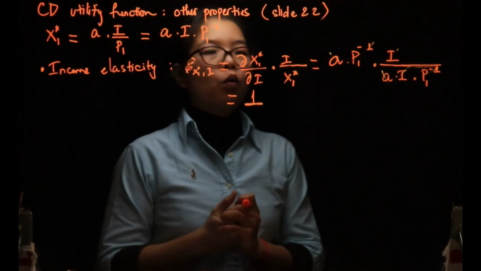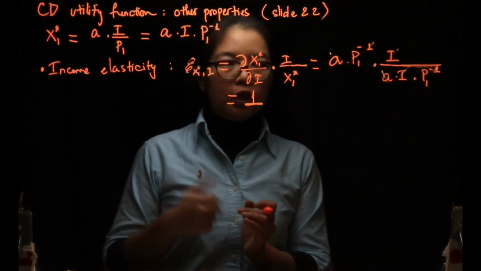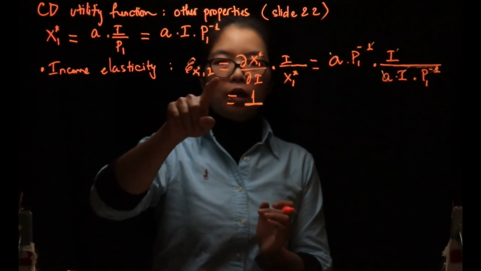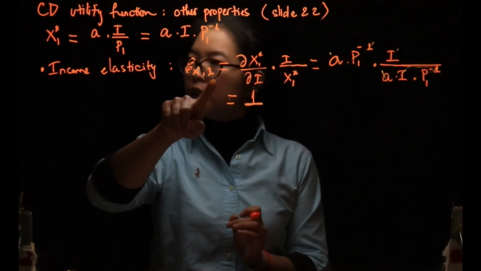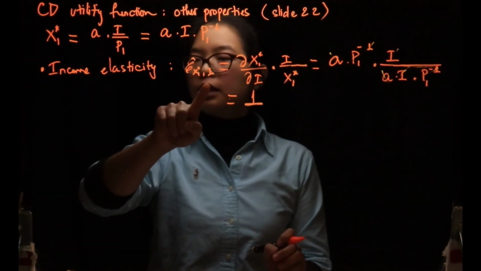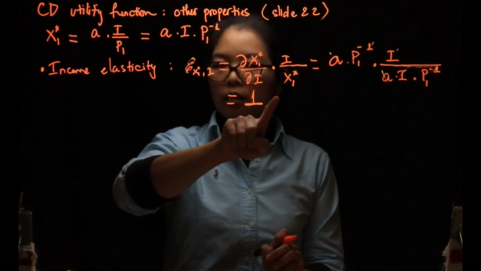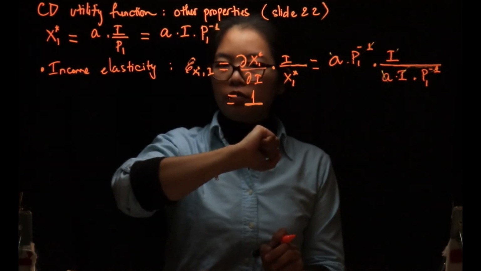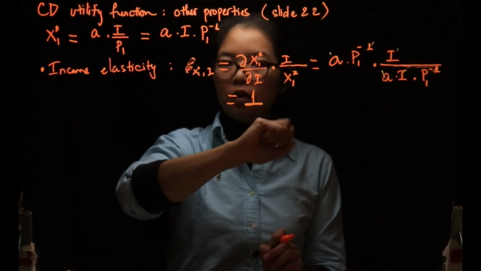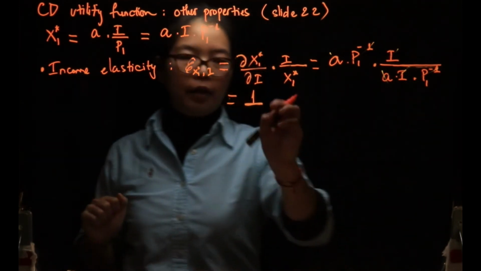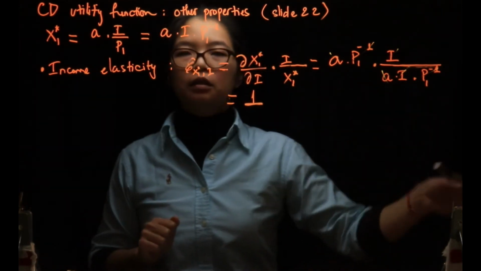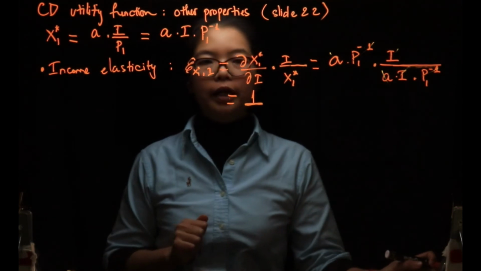That means when income increases 1%, the consumption of the good will also increase 1%. And that is constant, doesn't matter how much you're consuming already.